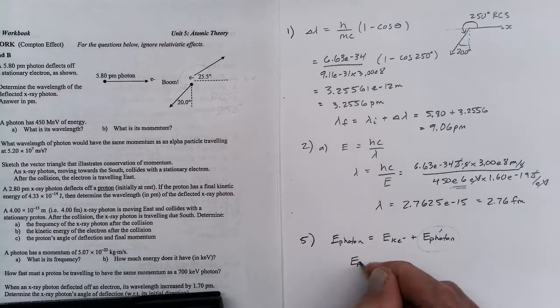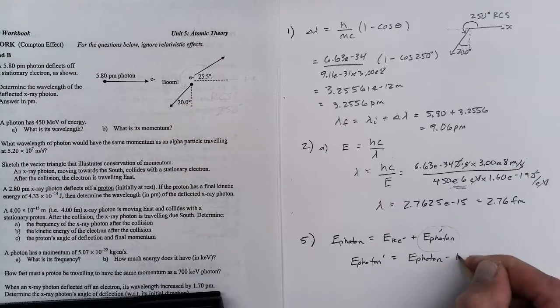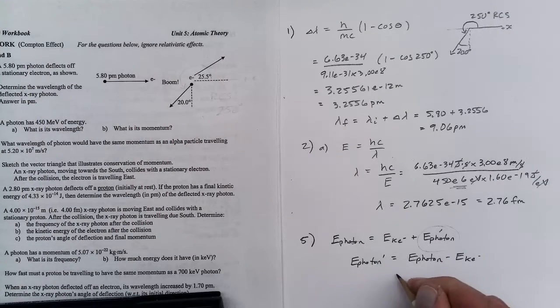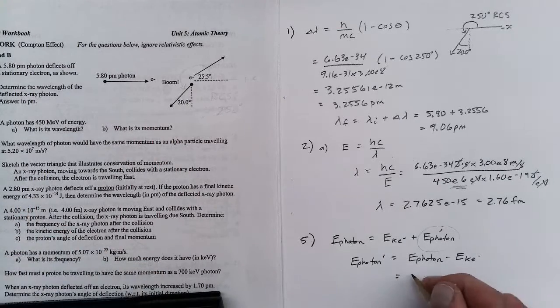So energy of the photon afterwards is going to be energy of the photon initially, subtract away the kinetic energy of the electron. Well, the energy of the photon initially, since we know it has a 2.80 picometer wavelength, we can calculate that. So that'll be hc over wavelength minus Ek for the electron.